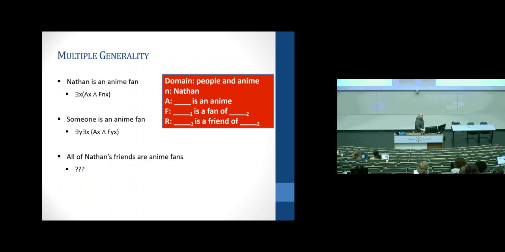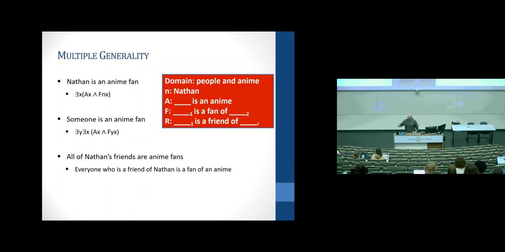So let's think about it. We can pull this apart. If it says all of Nathan's friends are anime fans, that should set off alarms because it sounds an awful lot like every F is G. In this case, the F is a friend of Nathan's. So we can say everyone who's a friend of Nathan is a fan of an anime.